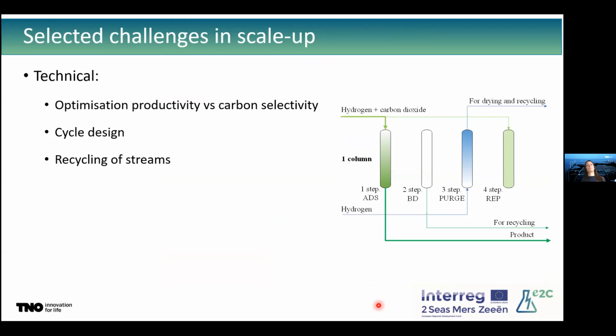But we've also had some technical challenges. One that I already mentioned was the optimization between the productivity and the carbon selectivity that we're facing. A lot of work has been put into the cycle design to do this. And something that we now start to also come across is recycling of the different streams. So recycling of your purge gas, for example, and how we can do that efficiently.